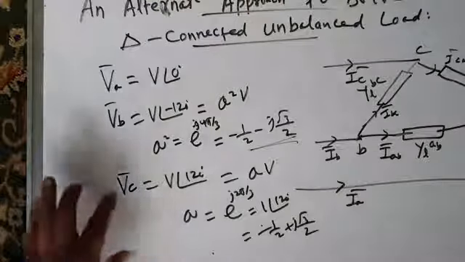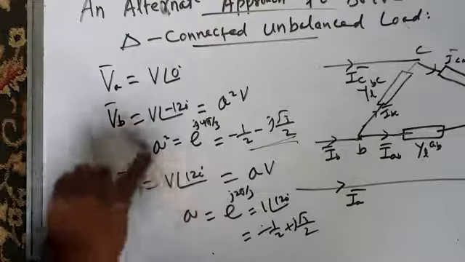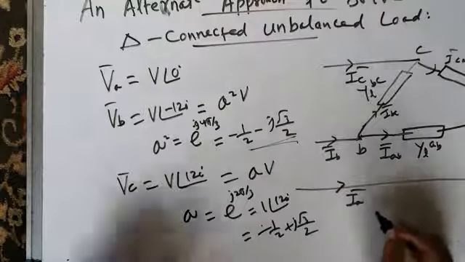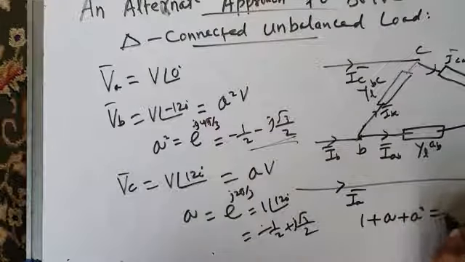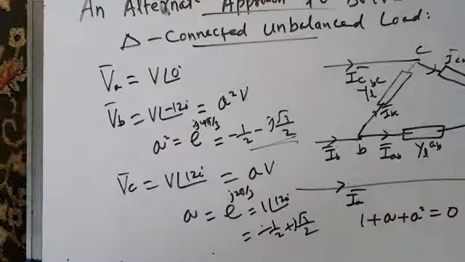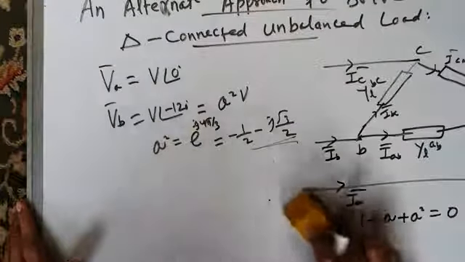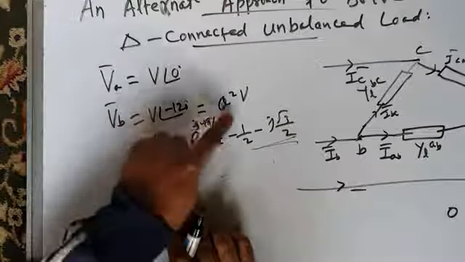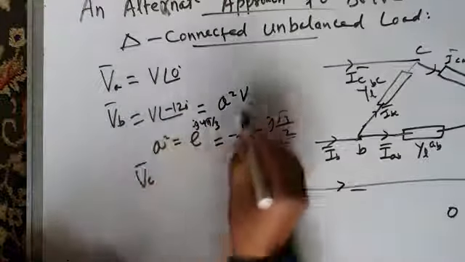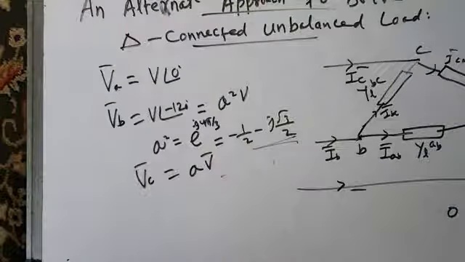We already used these operators when discussing symmetrical components, and I also told you that 1 plus A plus A square is equal to 0. So this is how you can represent VA, VB, and VC: VA is V at an angle of 0 degrees, VB is A square V, and VC is A into V.